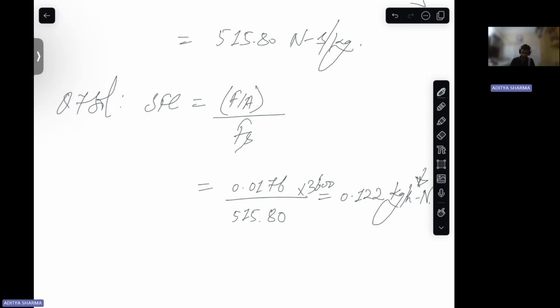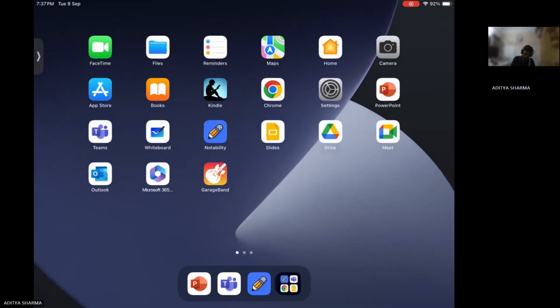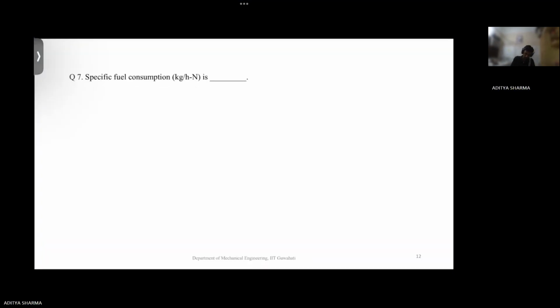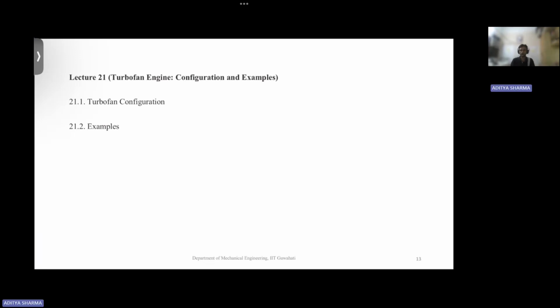This is your specific fuel consumption. This question, then we are done with this question number 20.